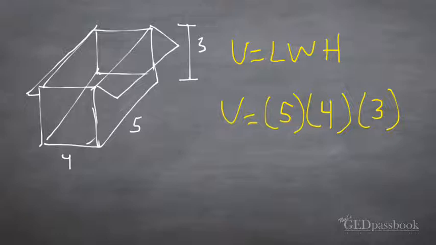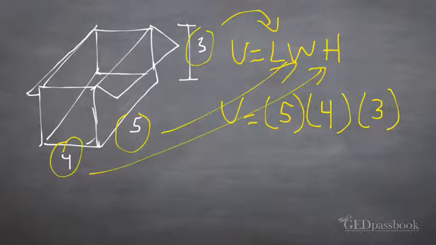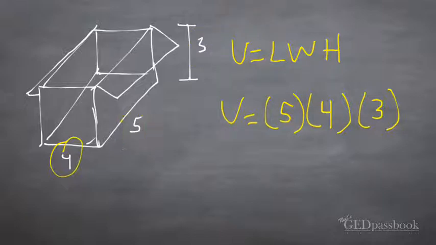Just like we did last week, there is no difference. All you do is plug in the info that we are given into its designated spots, and then you solve. What is 5 times 4 times 3?